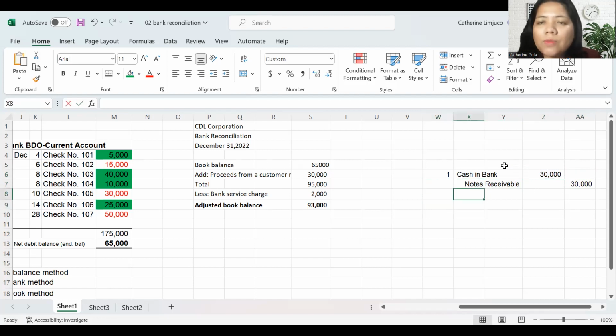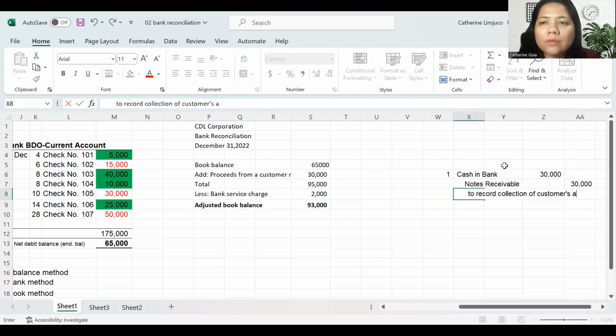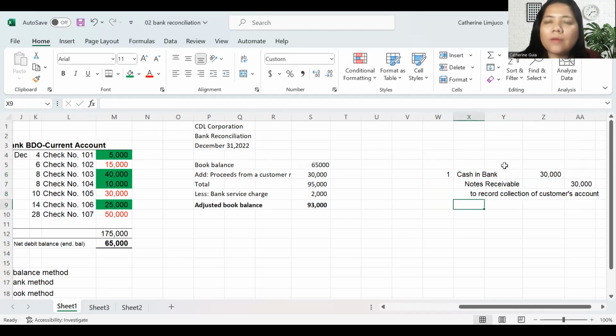Then you put a description: to record collection of customer's account.